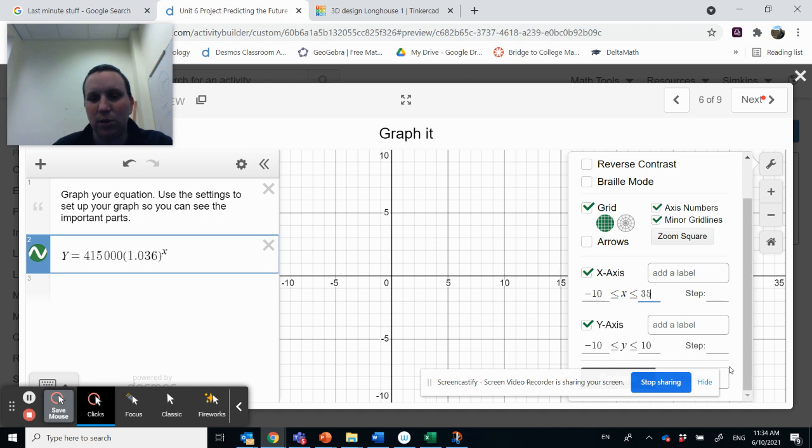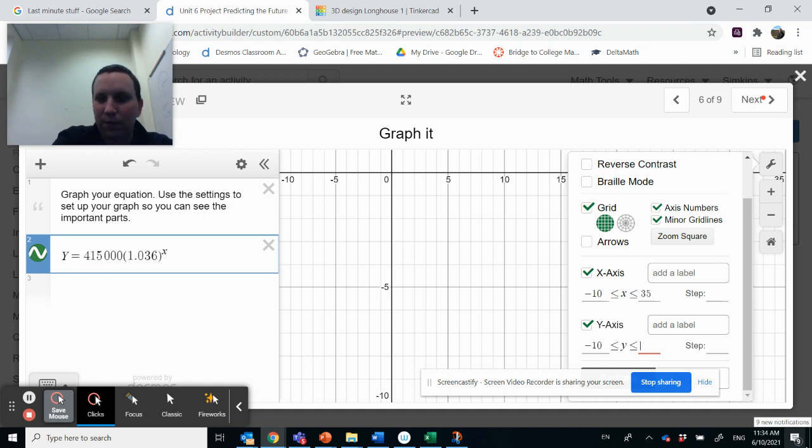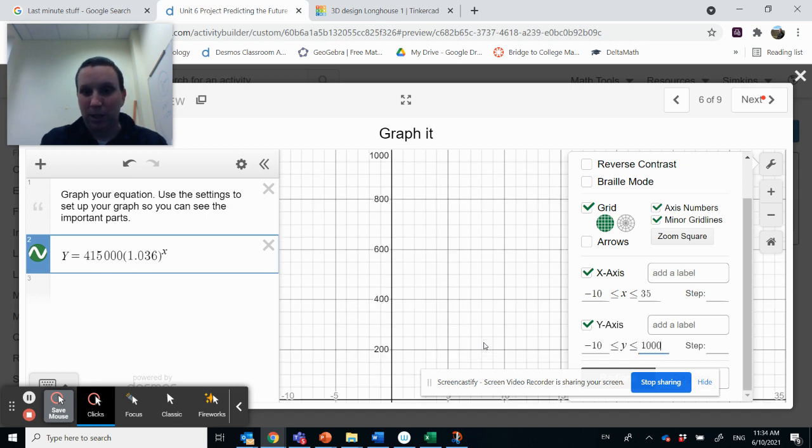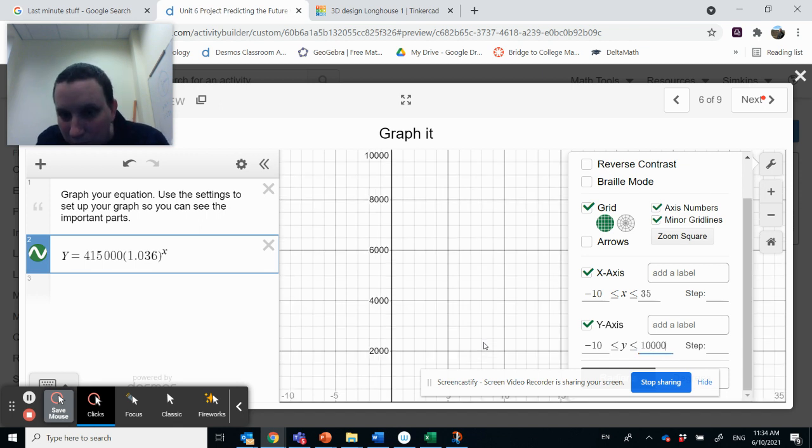So I'm going to set it to 35. My y-axis, I know it's at least 415,000 because that was my start value. It's probably going to be something much bigger than that. So I'm going to change the maximum on that to something even bigger. Maybe it's going to be worth $1 million. Let me try $1 million, one with 6 zeros after it.